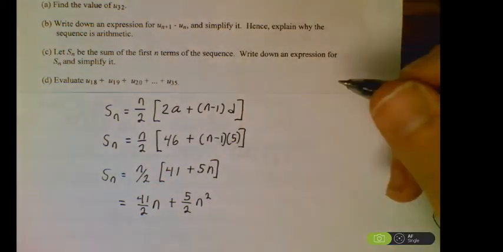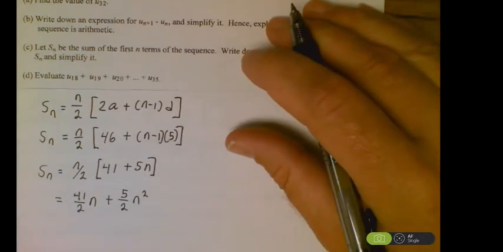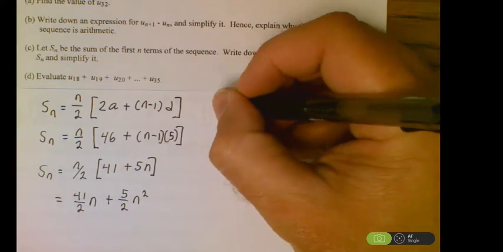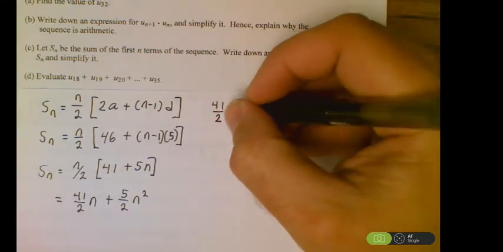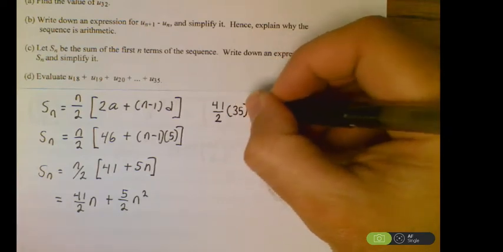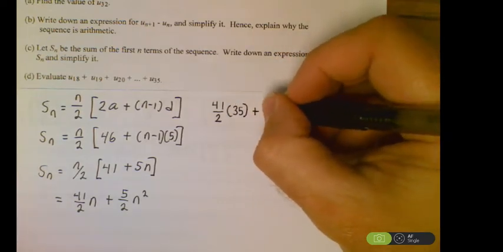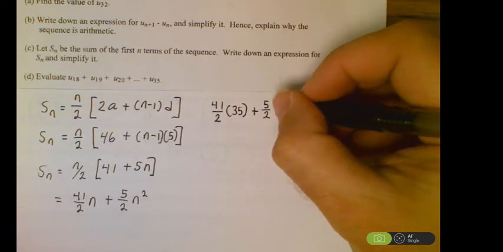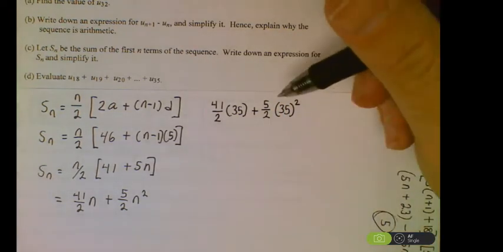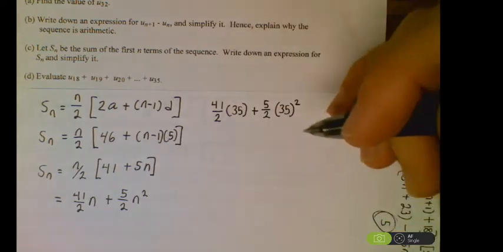So it starts out by just finding the sum of all 35. So using our expression from down below, I'm going to replace n with 35. So that setup is going to get me the sum of the first 35 terms.